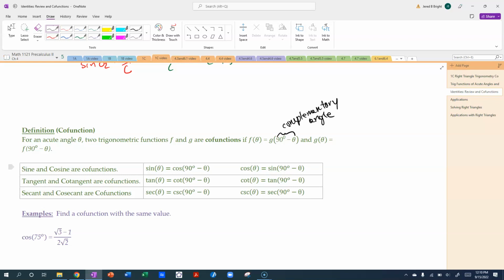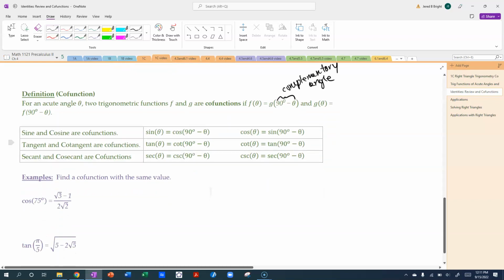So in finding one trig function, if we want to find another cofunction or another function of the same value, find its cofunction evaluated at the complementary angle. That's the big takeaway. I'll repeat that. If you're being asked to find another trig function of the same value, evaluate the cofunction at the complementary angle.